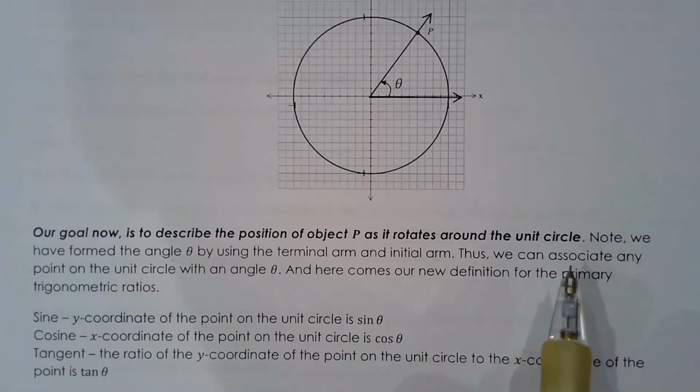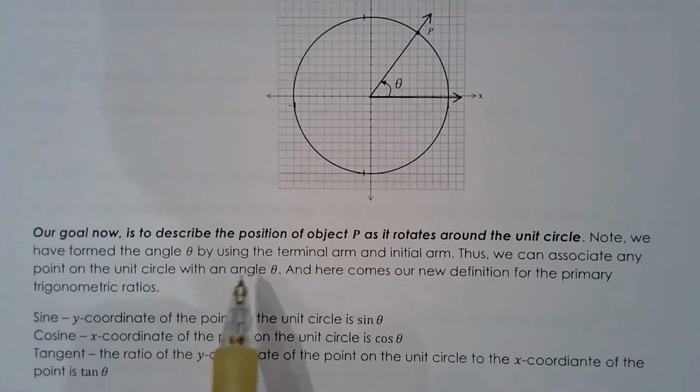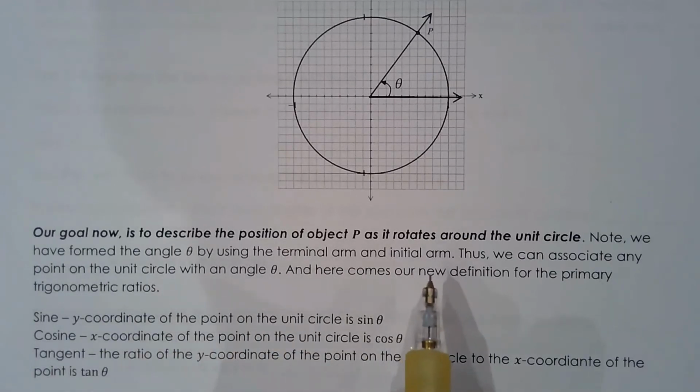So we have formed the angle theta using the terminal arm and initial arm. This is very key: we can associate any point on the unit circle with an angle theta.